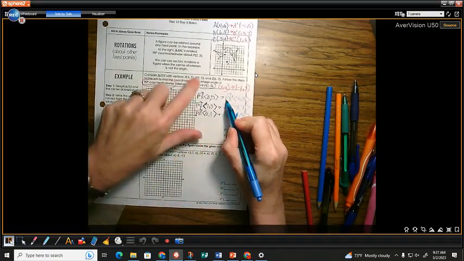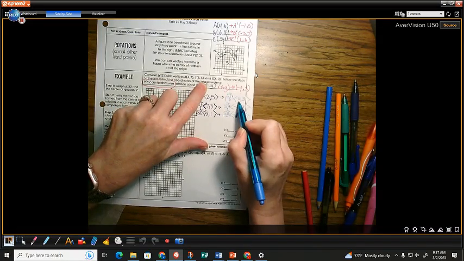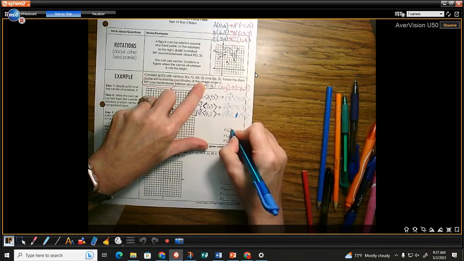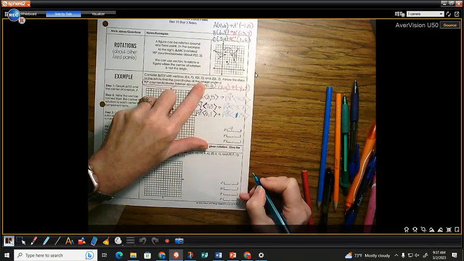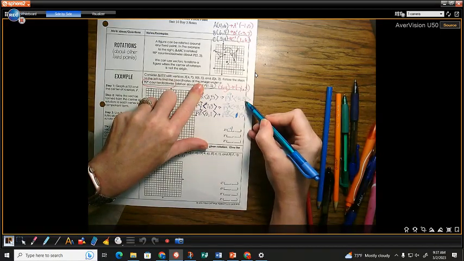So if I want to go to X prime, I have to start at P. How much is P? 1. And then how far am I going to go? Negative 5. Down 5. So what's down 5 from my point at 1? That's going to be at negative 4. And then if I start at 2, I need to go up 3, and where does that end up? 5.